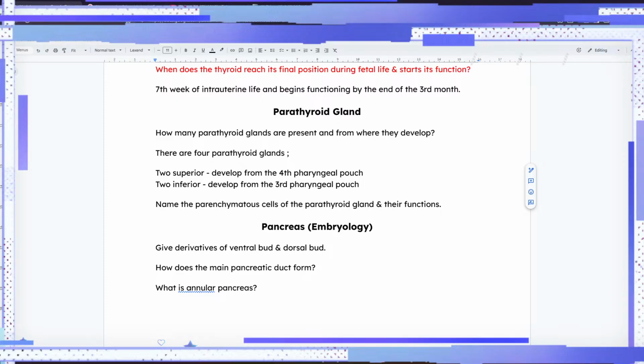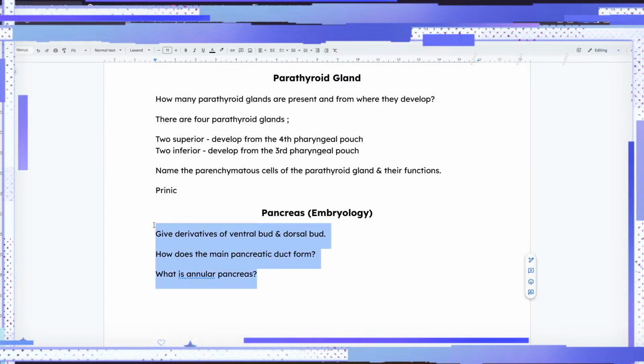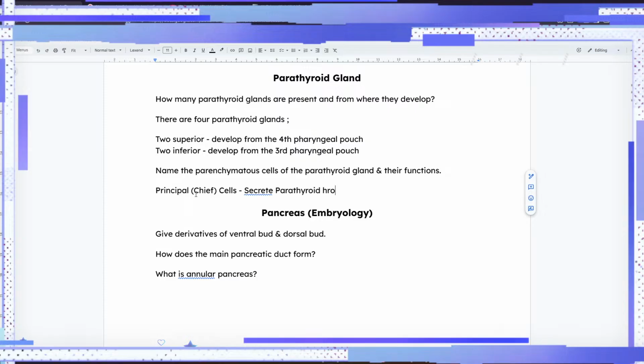इसके अंदर कौन से cells होते हैं? There's the chief cells, right? So the principal cells. You have the principal cell, and then you have the oxyphil cells. Principal cell है और oxyphil cells हैं. Their function is to secrete PTH, parathyroid hormone, right?